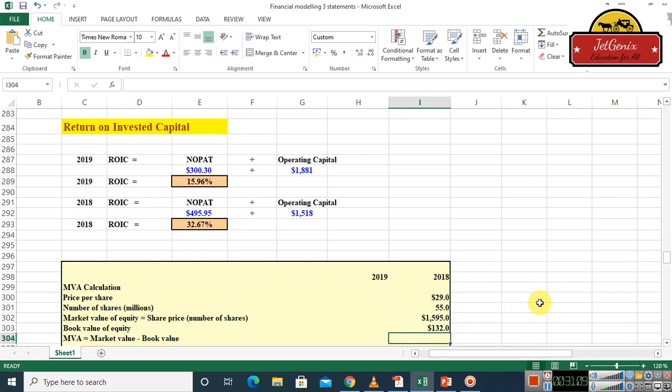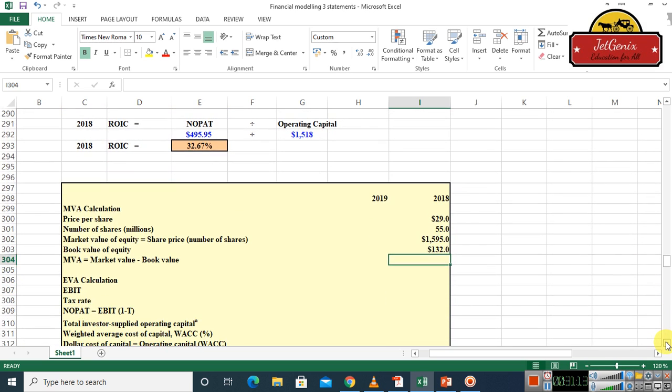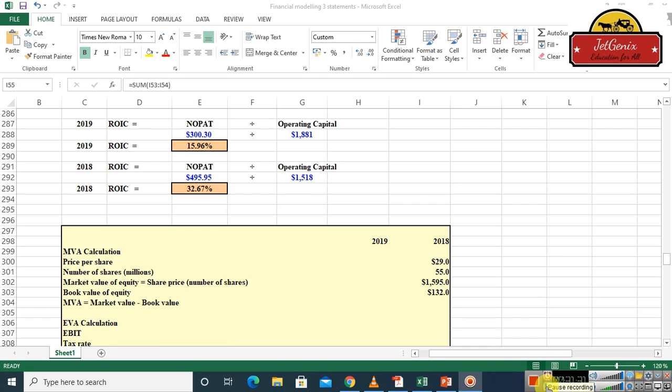Now if we want to calculate the market value added, we can do it by subtracting the book value from the market value here.